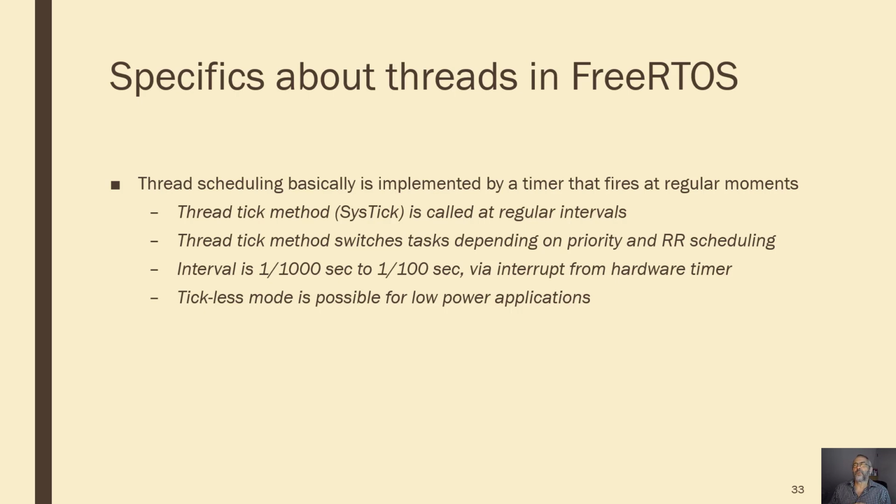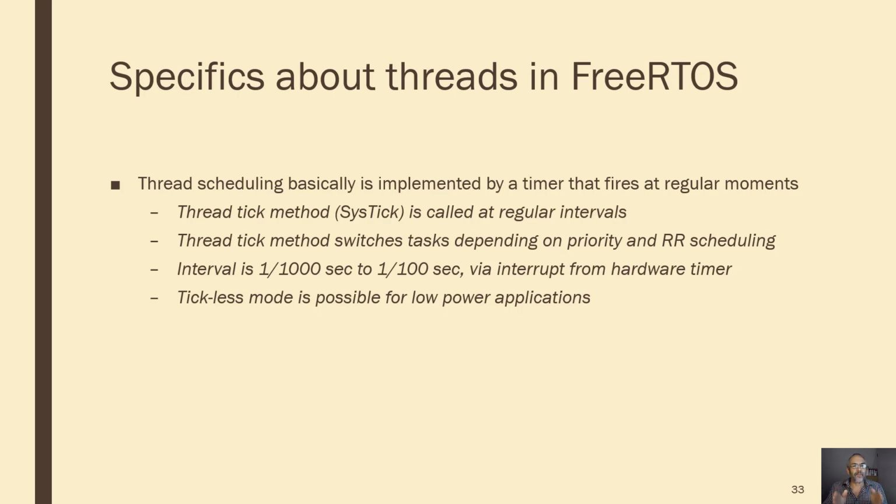Basically we have a timer that fires at regular moments, defining the length of the time that a thread can run uninterrupted. That's between 1 millisecond and 10 milliseconds. That order of magnitude you should think about.